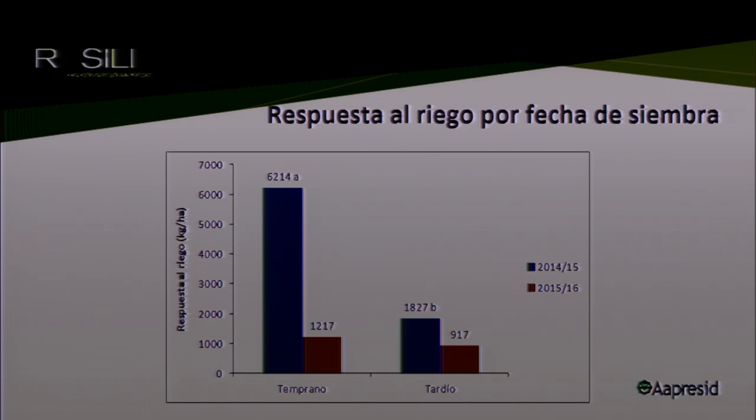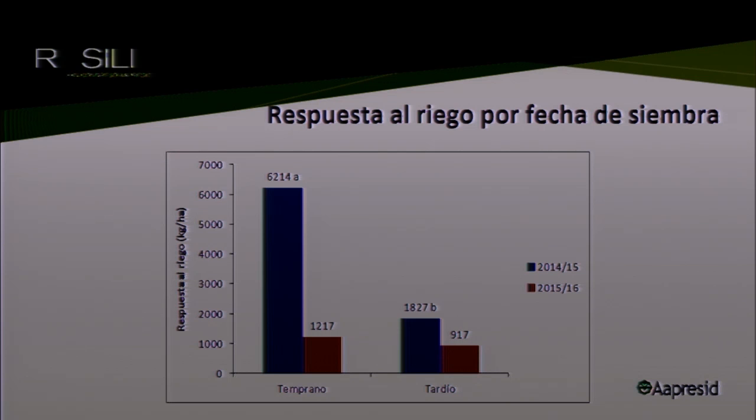This is the response to irrigation in the 14-15 period. In early planting, the response to irrigation was 62 hundredweights, and in the late planting, the response dropped down dramatically.